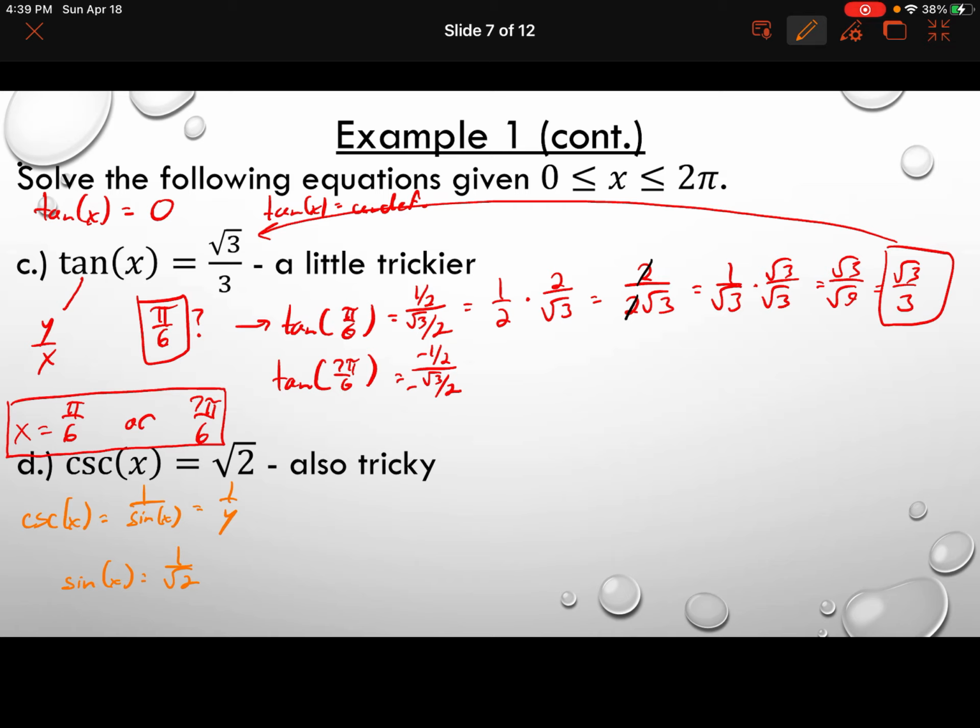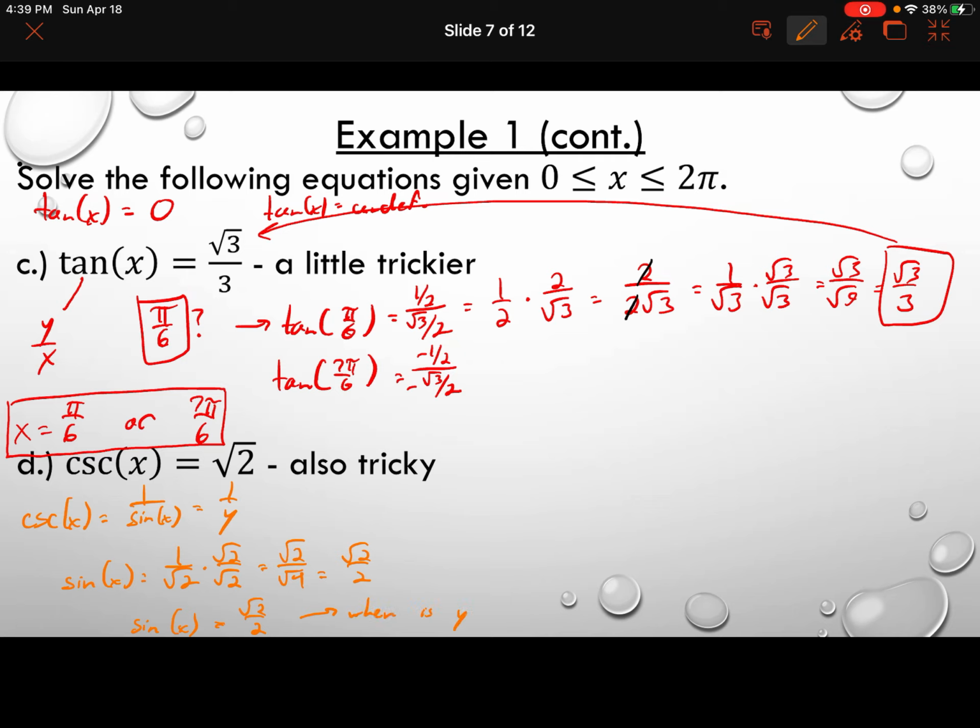Well, let me simplify this a little bit because there is a square root in the denominator. Let me multiply the numerator and the denominator by the square root of 2, which gives me the square root of 2 over the square root of 4, and the square root of 4 is simply 2. So right now, when is sine of x equal to the square root of 2 over 2? Well, that's not too bad.